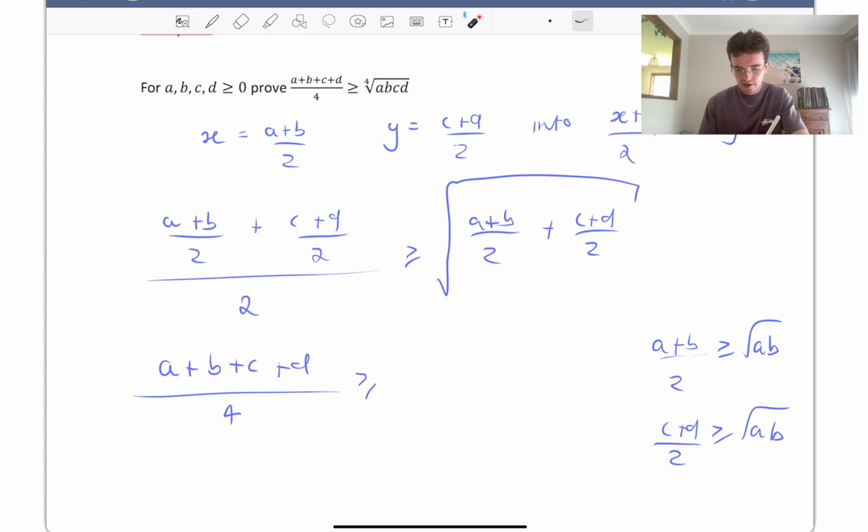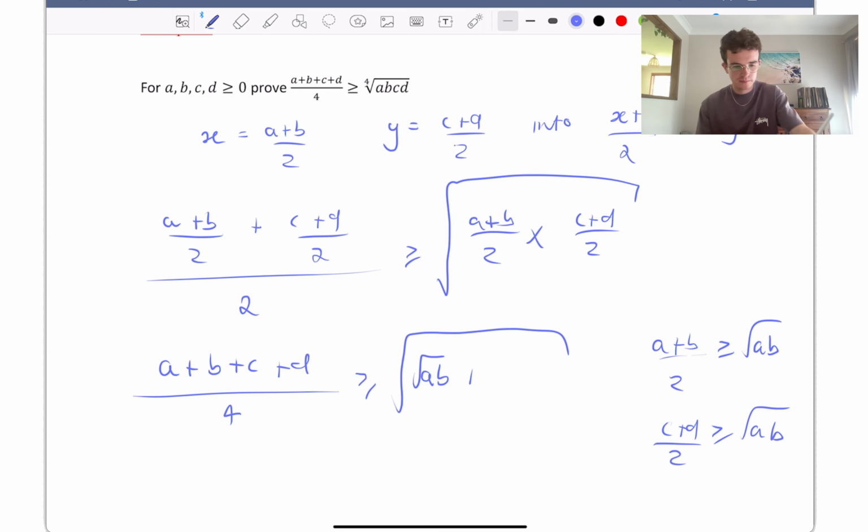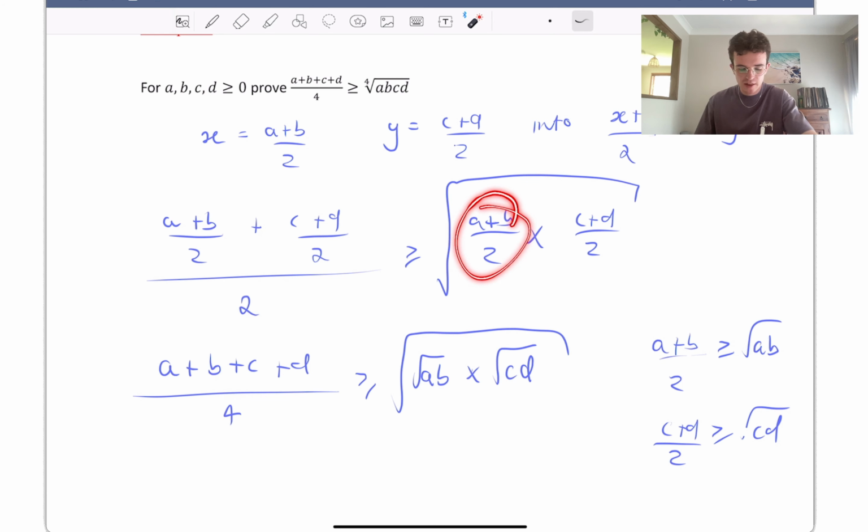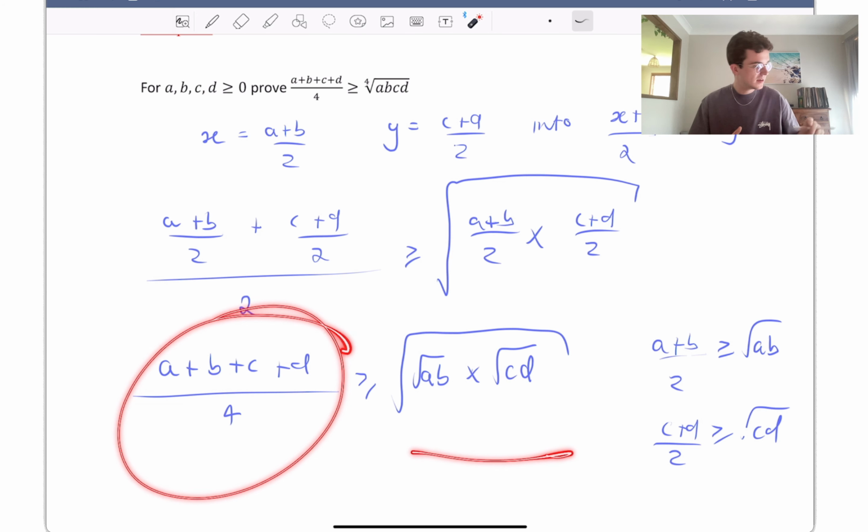So if this is greater than that, and this is less than that, then we can say that this is root ab times root cd, because this is less than this, and this is less than that. So if I replace that with this, it's still going to be less than that, which means this is still greater than that.